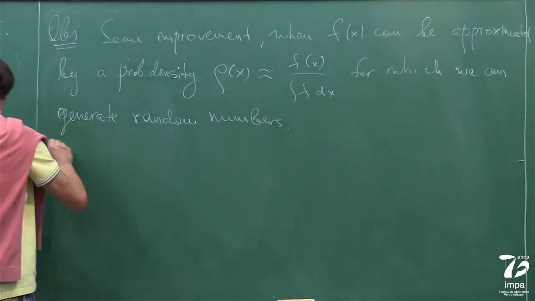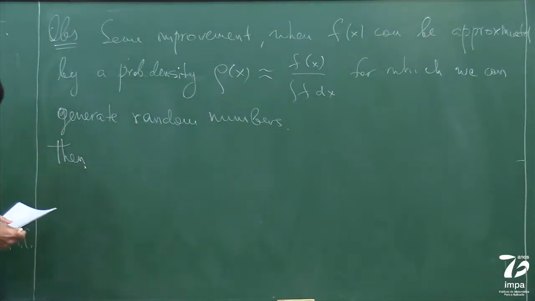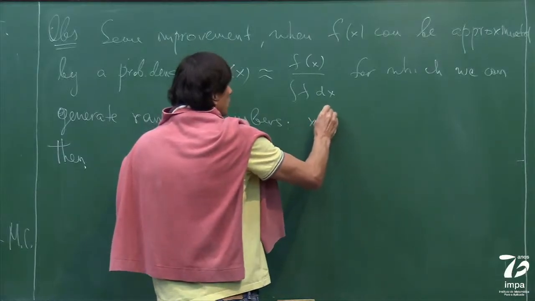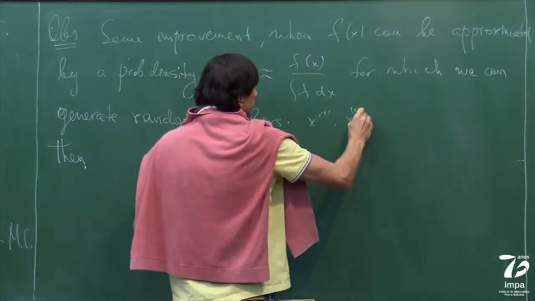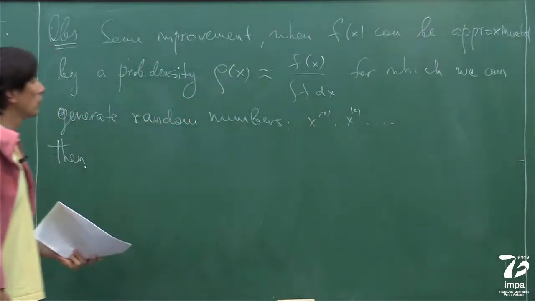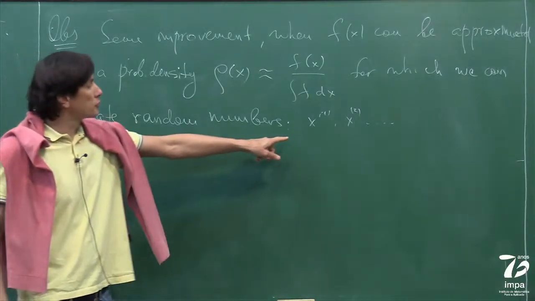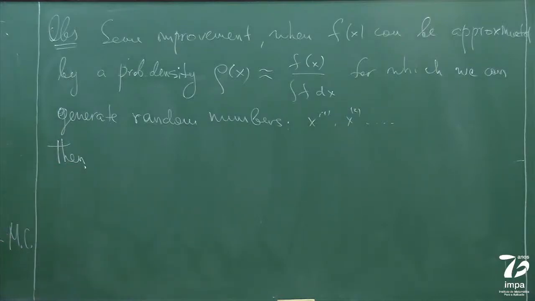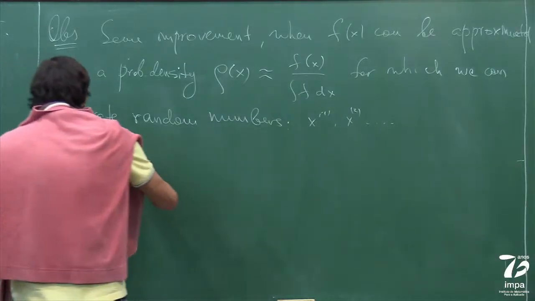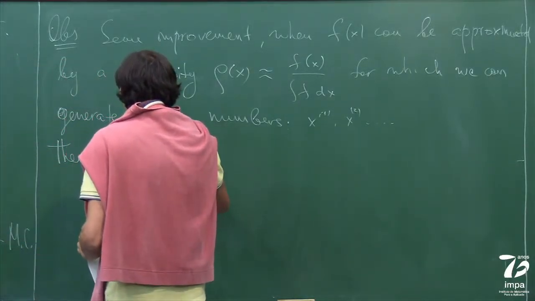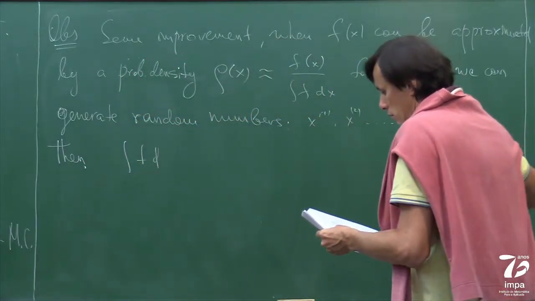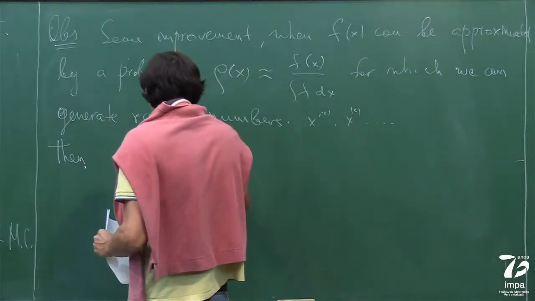So then what we do is we compute. So now the numbers will be just the same. Yeah? So now these are not uniformly distributed numbers. These are distributed with density rho. So that means that the integral, I will not write the domain.